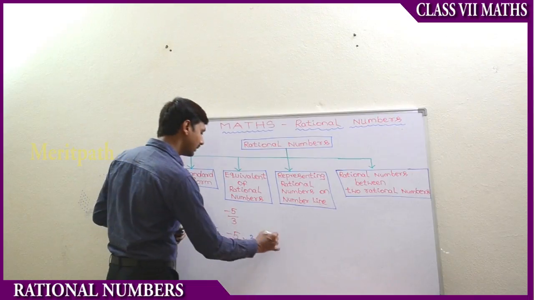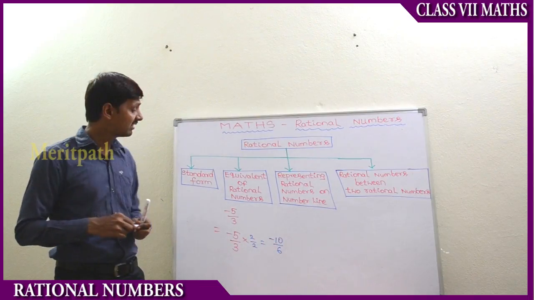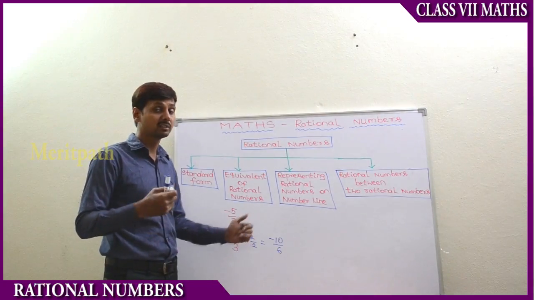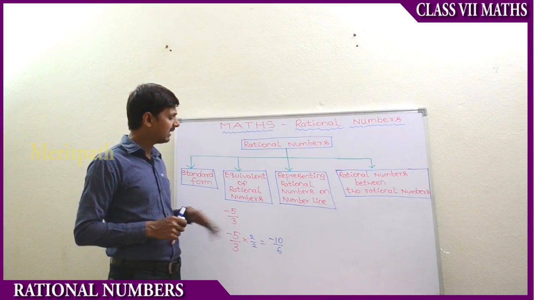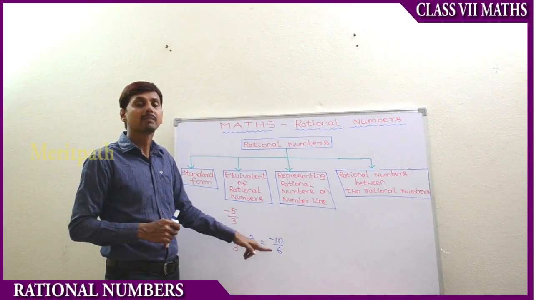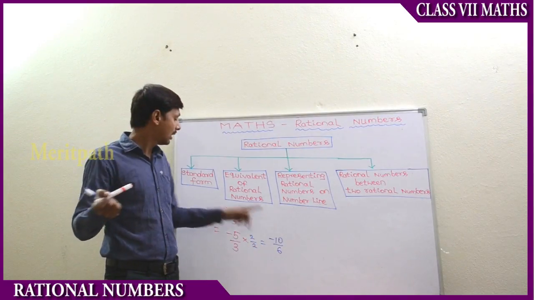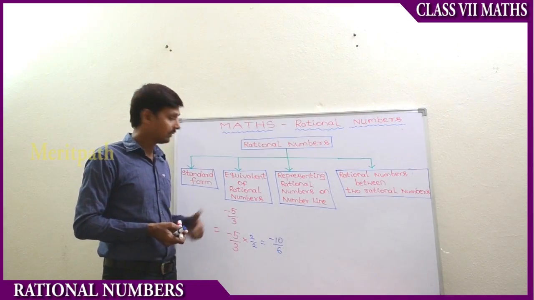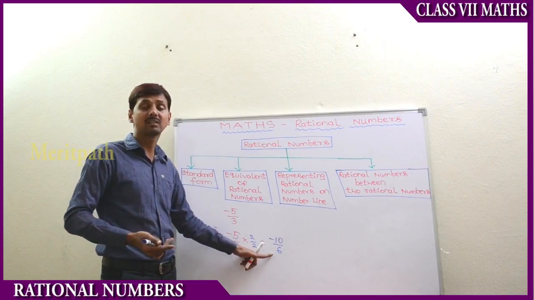That is minus 10 divided by 6. It's also a rational number because the denominator is not equal to 0. But when we simplify this with a common factor cancellation of 2, we'll get minus 5 by 3, same as it is. So this is another form, an equivalent rational number to minus 5 by 3.